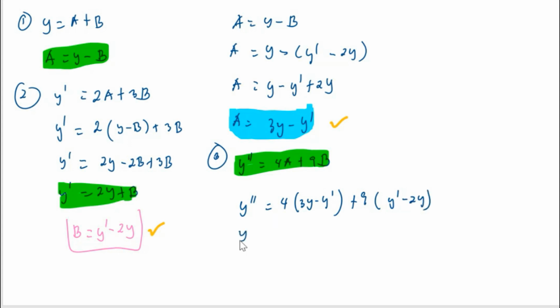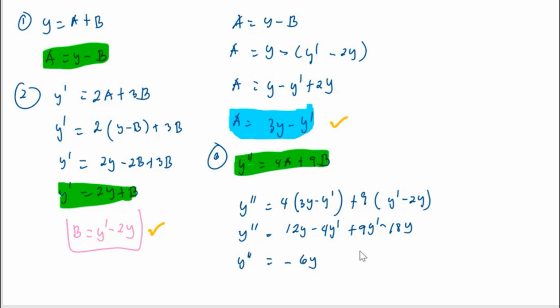Simplifying that one using the distributive property, we have 12y minus 4y prime plus 9 times the quantity of y prime minus 2y. It gives us the product of 9y prime minus 18y. Then combining like terms, 12y minus 18y is equal to negative 6y.